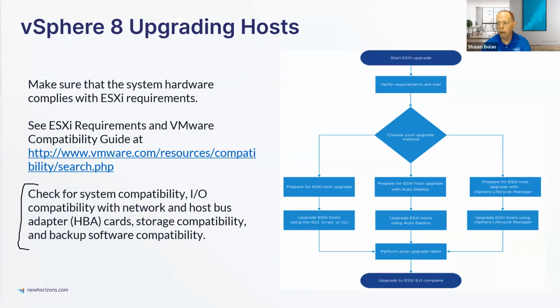They'll tell you. That's the best thing to be able to do. You can also go out to the VMware HCL, the hardware compatibility list, and go through the process of checking your hardware against whatever version of vSphere you're going to run, but you do need to do that.